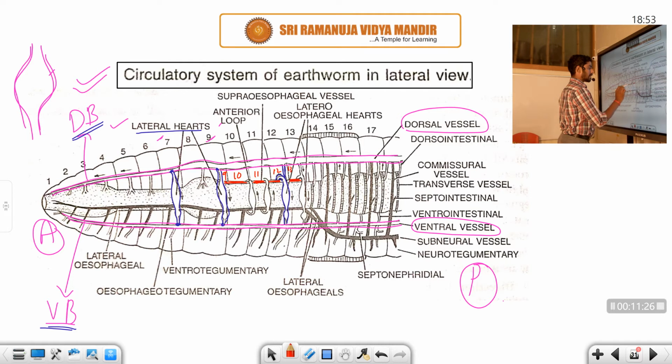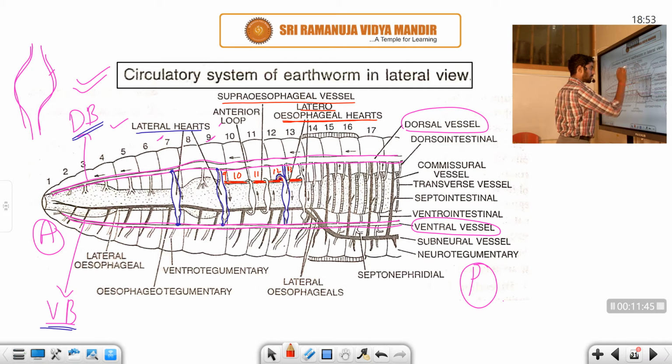The red line I am marking here is nothing but the supraesophageal blood vessel.